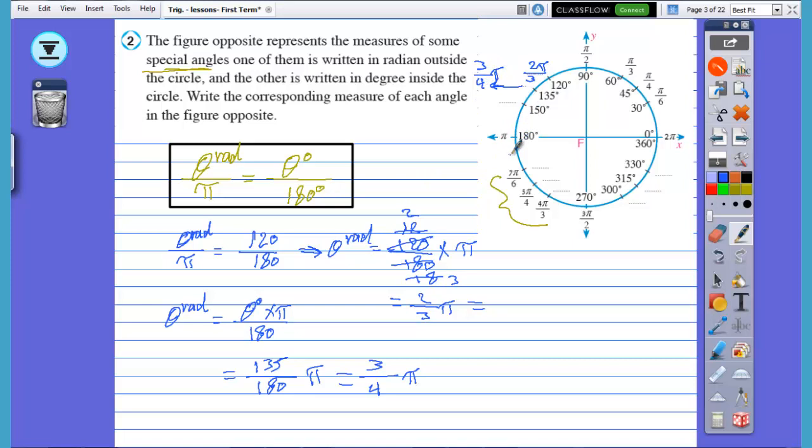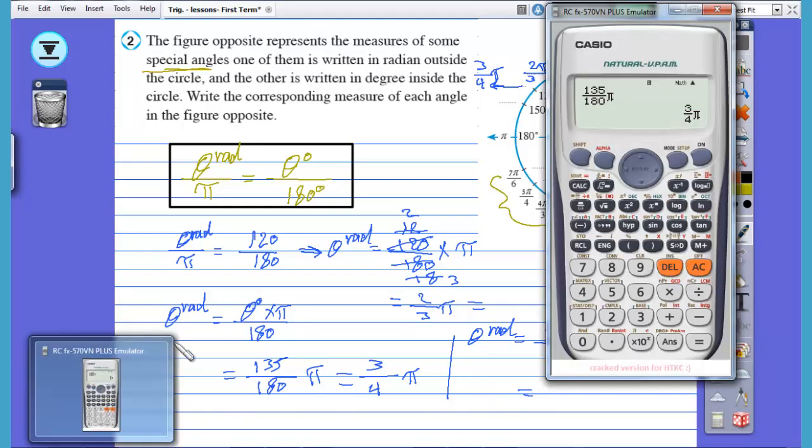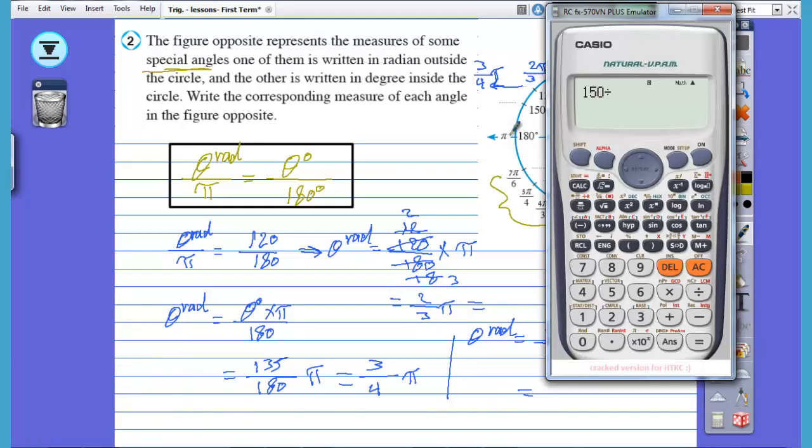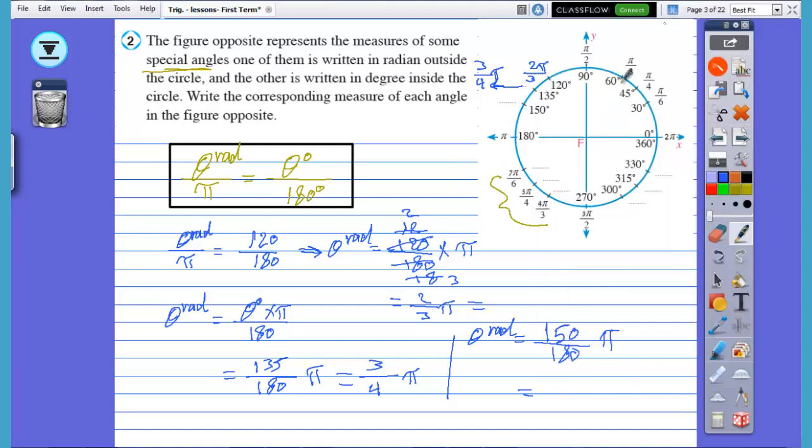And the same with respect to 150, which equals 5 over 6 pi.